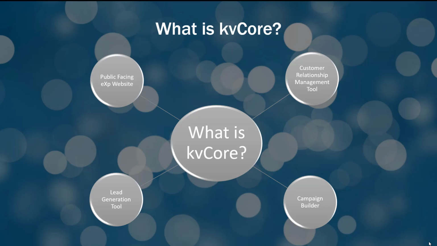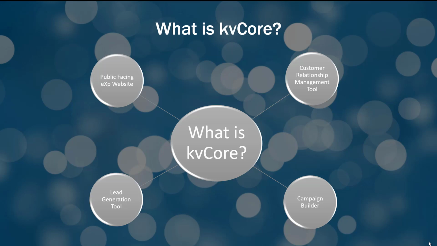So what are those 4 facets? First, kvCore is going to be your public-facing website. Second, it's going to be your customer relationship management tool, where you will build a database of clients, customers, contacts, family, friends, and vendors, and you will manage relationships using kvCore. kvCore is also a lead generation tool, looking to identify potential buyers and sellers in the real estate marketplace and drive them to your website and your business to hopefully build a relationship.